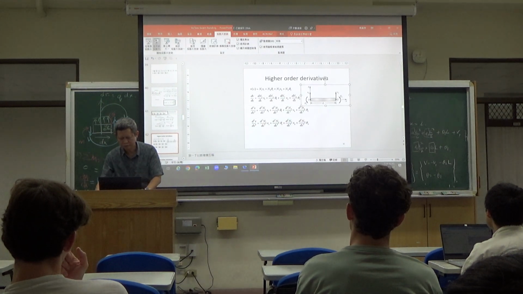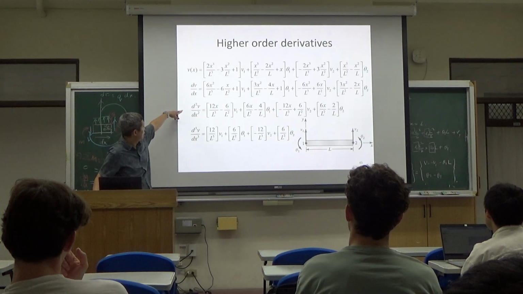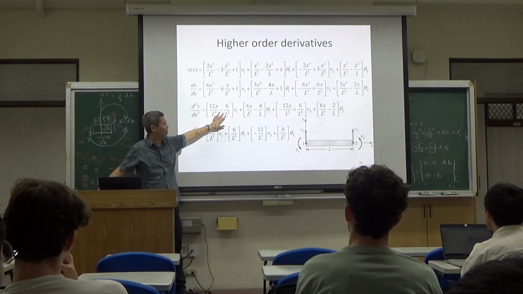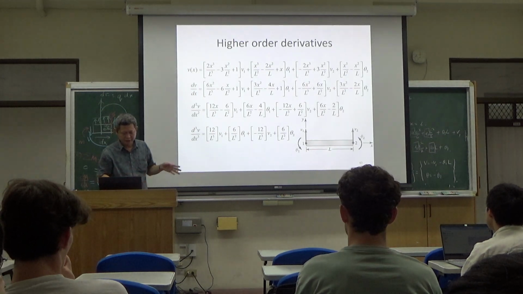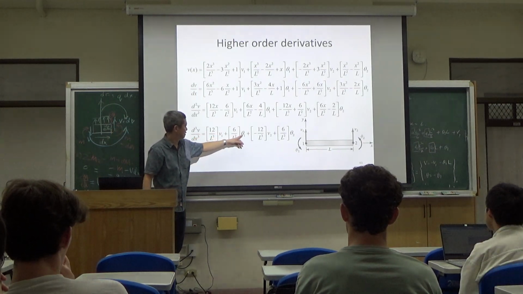Okay, by doing so, in here you get different expressions of x multiplied with the boundary value.